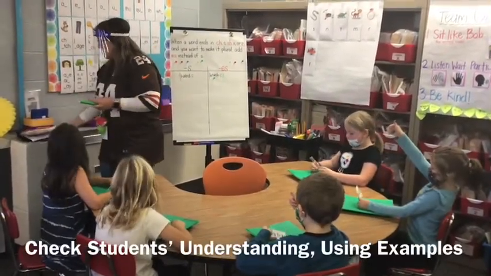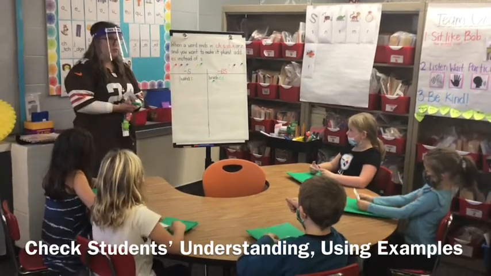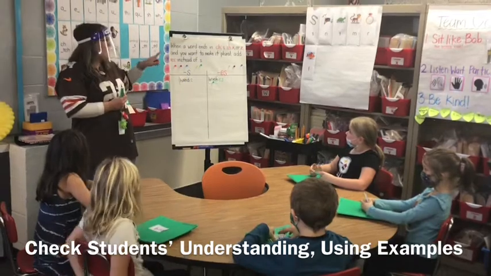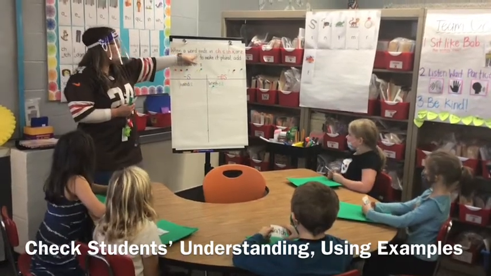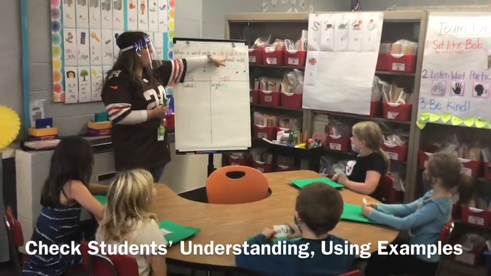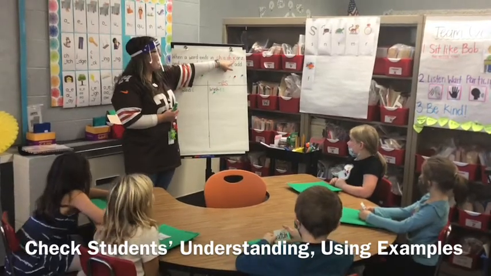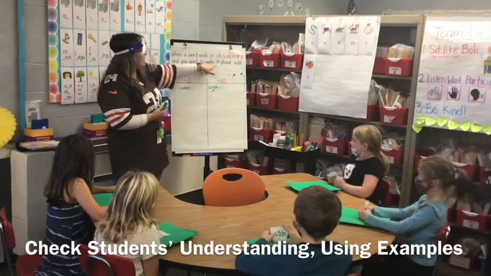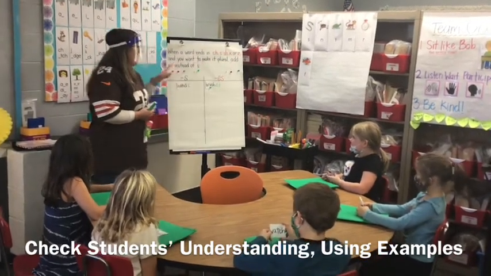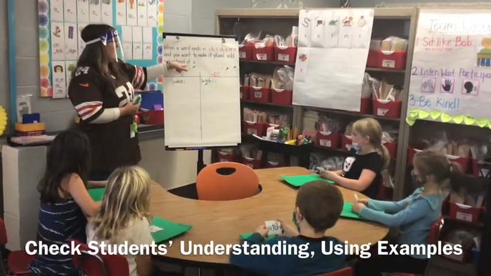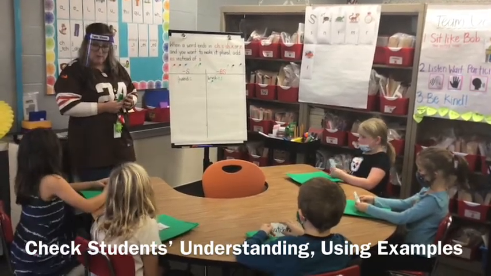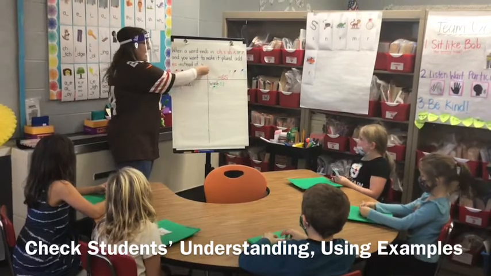Bus. Lucy, what does your word end in? It ends in an S. Let's read our rule one more time together. When a word ends in CH, S, SH, X, or Z, and you want to make it plural, add ES instead of S. So Lucy, are we adding S or ES? ES. Why ES?